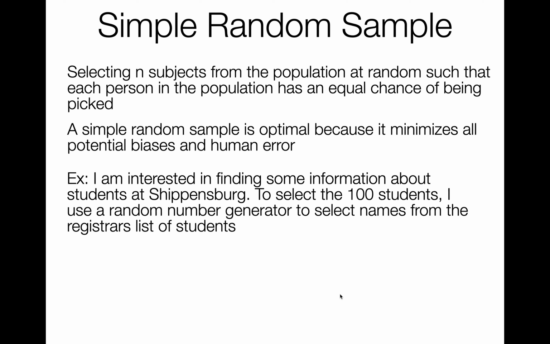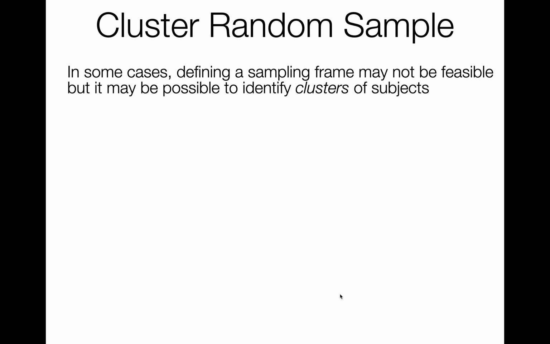I would use a random number generator, and you can look up random number generators online, and I could say I want 100 numbers between 1 and 4,500, and then it would pick 100 random numbers, and those are the people that I would choose. So that's simple random sampling.